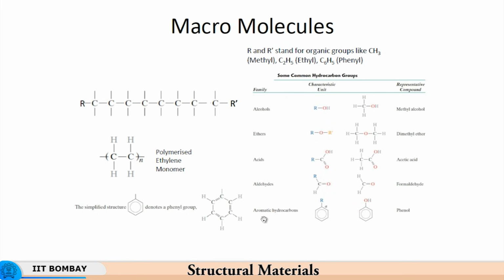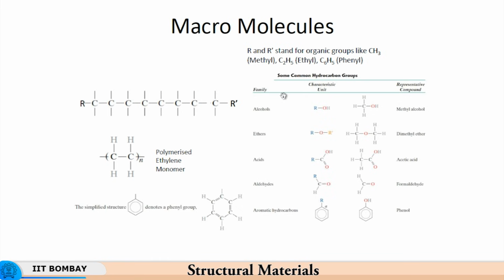You have aromatic hydrocarbons because you have a benzene ring, with carbon atoms joined with each other with alternating single and double bonds. This benzene ring, for example, has phenol. There are different positions, ortho, meta, para and all that. So you have phenol with the OH group attached at this position. Depending on the position to which the OH group is attached, the properties often change.